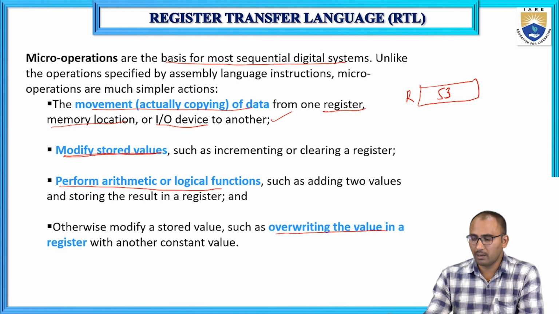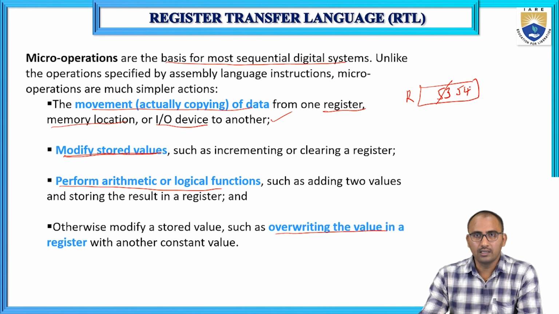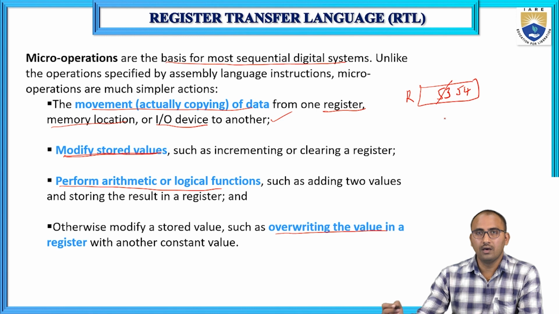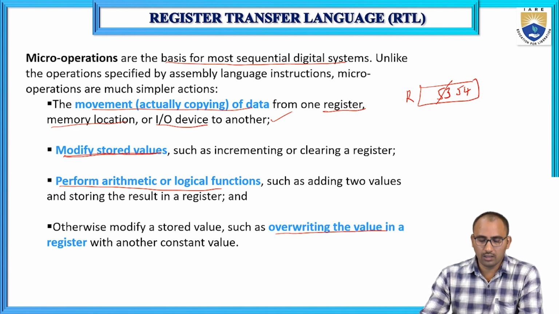Incrementing means we increment the value which is present in the register. Previously it is 53. By performing the increment operation, the 53 will be replaced with 54. Increment means the value will be incremented by only 1. Similarly, decrementing. So these are all the modifying of stored values.